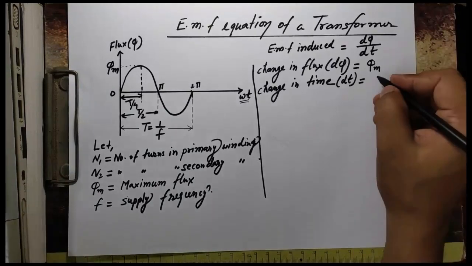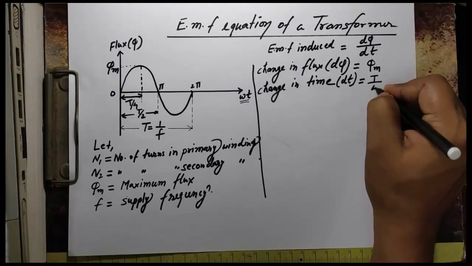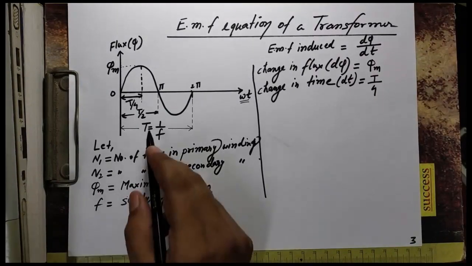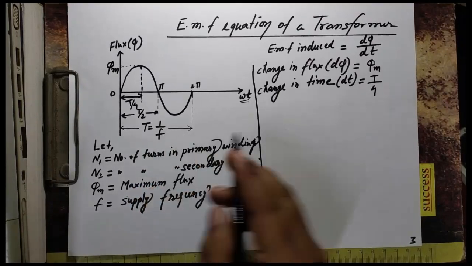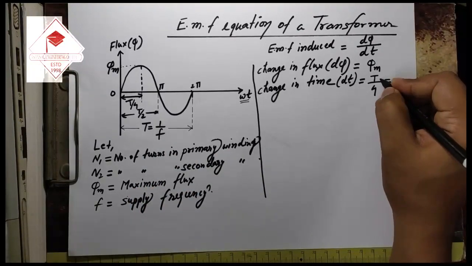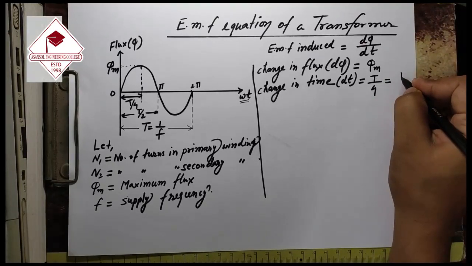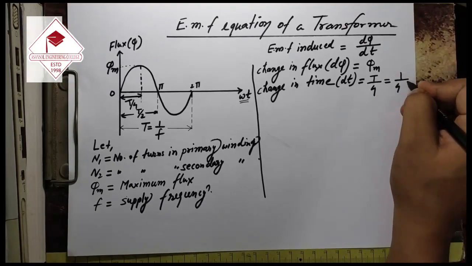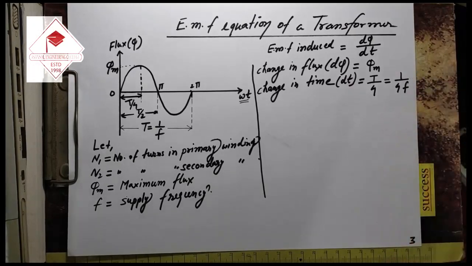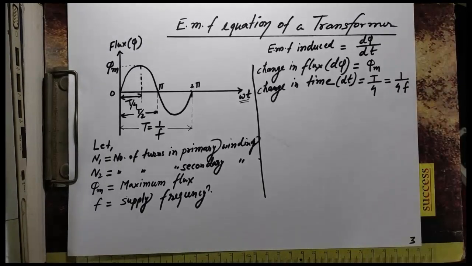This is T by 4. Okay, T by 4. Fine. And we know that T is equal to 1 by f, so by putting the value of T as 1 by f, we can write it as 1 by 4f, because frequency will be given. Okay, so in terms of frequency we'll try to find out.